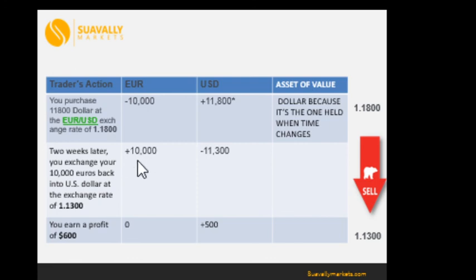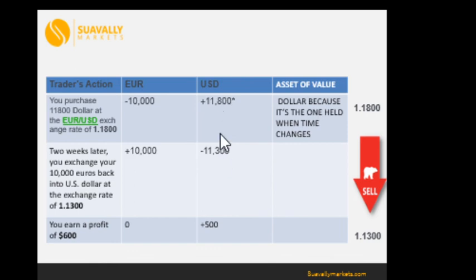It costs you 10,000 euros, but what you have in your waiting period is the USD, which is 11,800. Two weeks later, you exchange your 10,000 euros back into USD at the current exchange rate of 1.3, which gives you a new sum of 11,300.